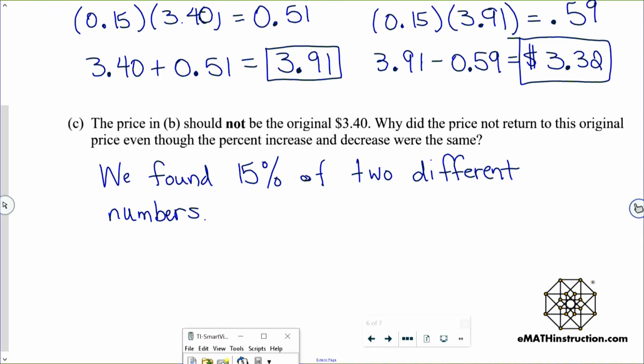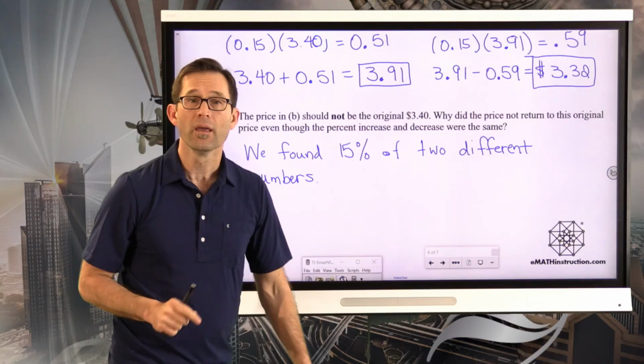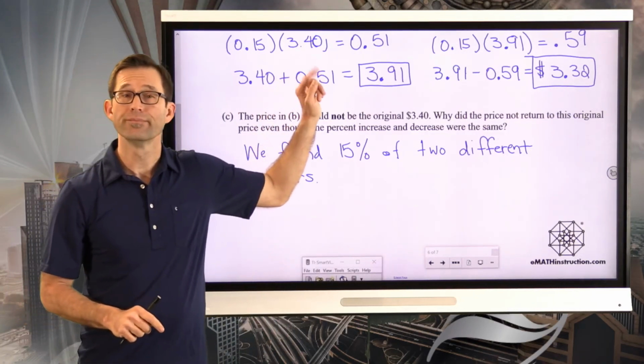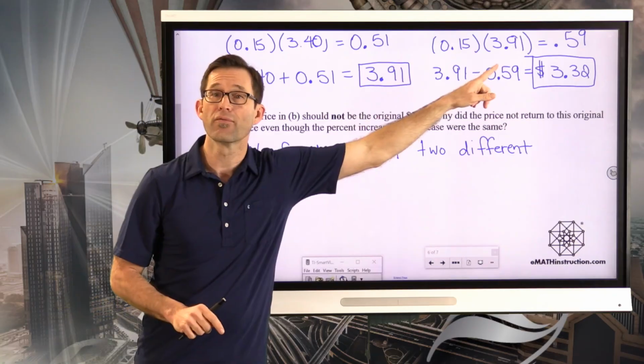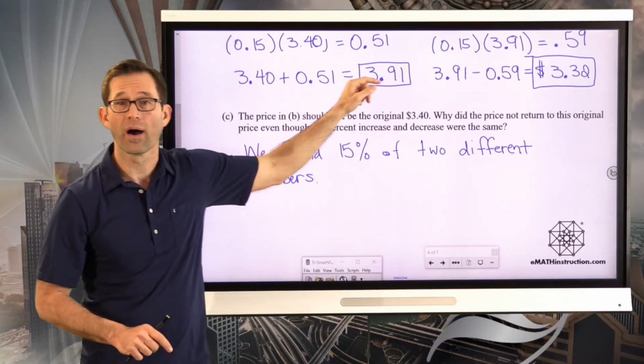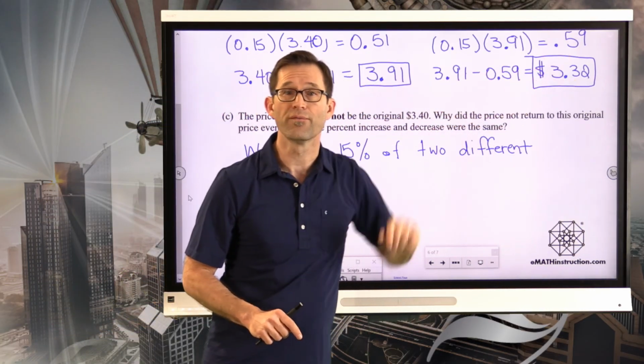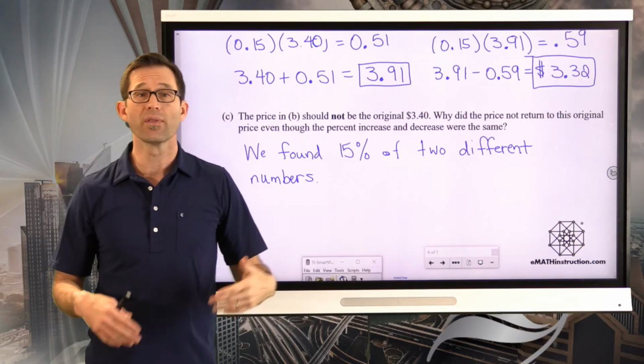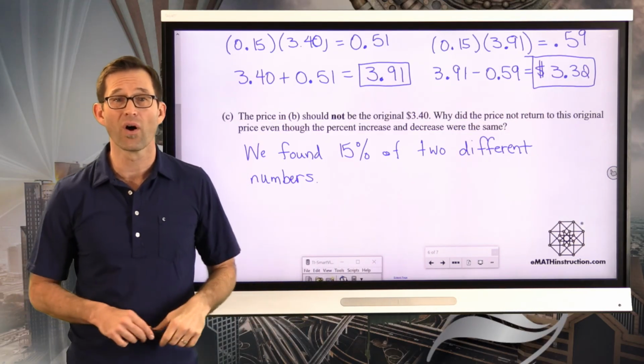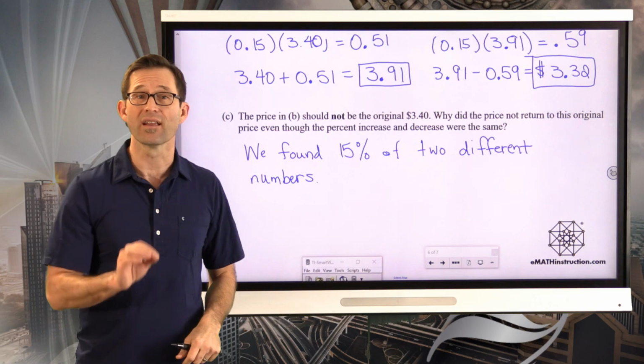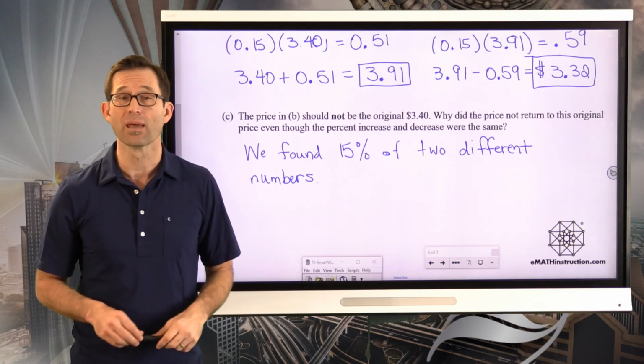And that's why it didn't drop by the same amount. 15% of 3.40 is different than 15% of 3.91. One of them was 0.51, the other one was 0.59. So simply, the amount we added on and the amount we subtracted off, although they were the same percent, weren't actually the same amount.